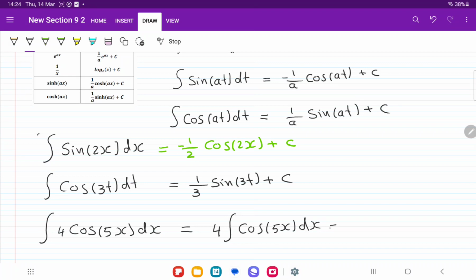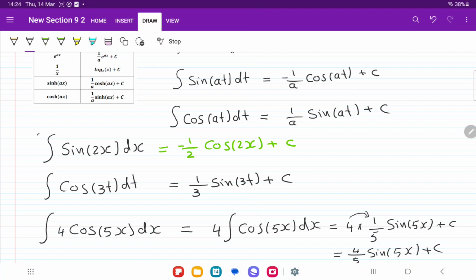We leave the 4 there, and cosine 5x is 1 over 5 sine, cosine becomes sine, 5x plus c. All we need to do is simplify it, so 4 times 1 over 5 gives us 4 over 5 sine 5x plus c.